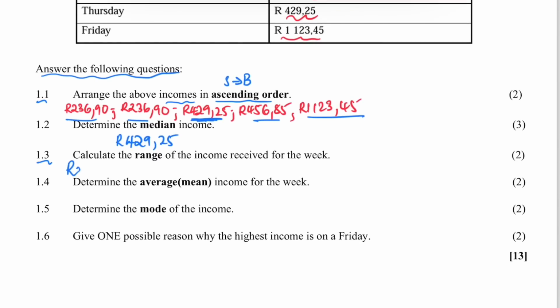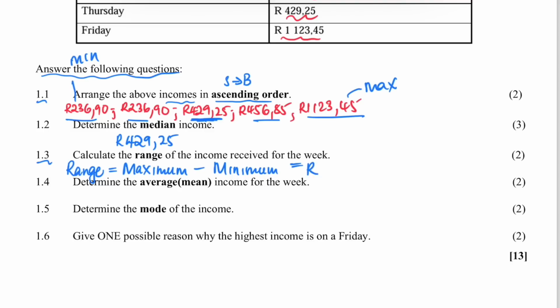And then we calculate the range in 1.3. The range, guys, the formula is very important to write. It's the maximum value minus the minimum value, or you can say the highest value minus the lowest value. The maximum value is the big value, and the minimum value is the low value.